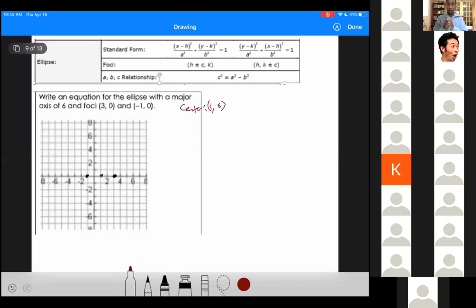So the center is going to be in the middle, just like it's equal distance from the co-vertexes and from the vertexes. We also can find C, because C is the distance from the center to the foci. So that would be 2 in this case. So you can find both the center and C just from knowing the foci.